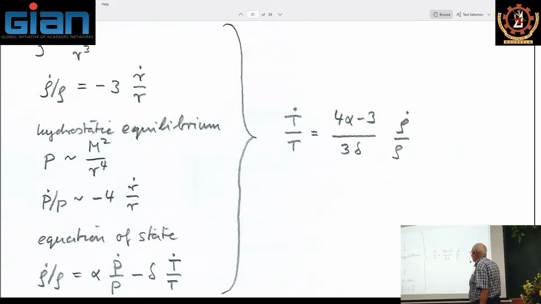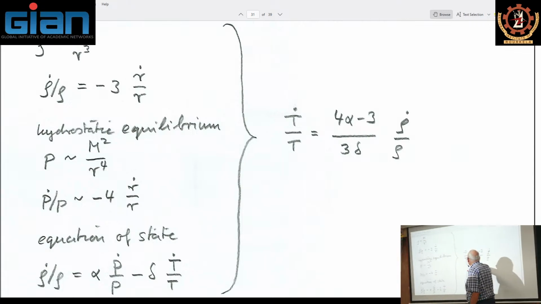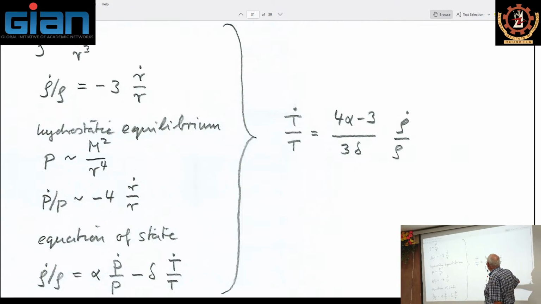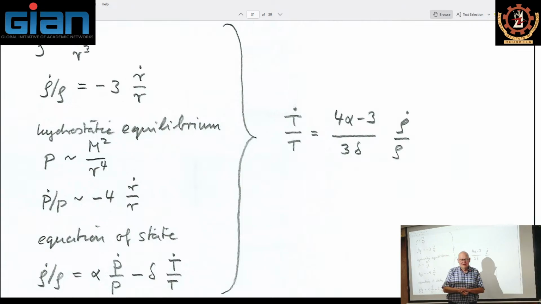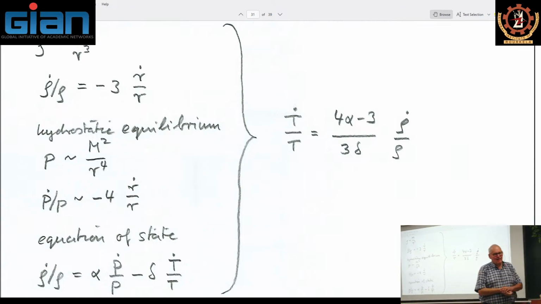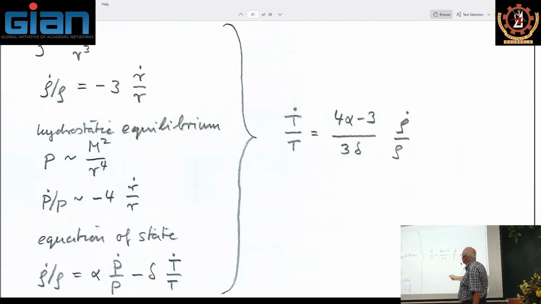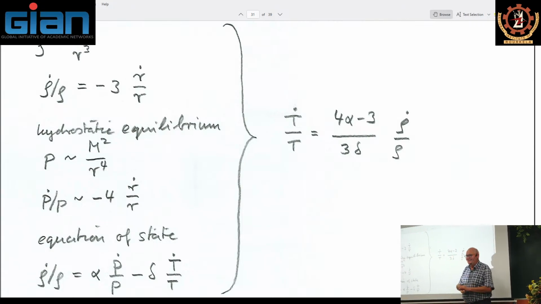Okay, so what we end up with is T dot over T is proportional to rho dot over rho, and getting all these dimensionless factors correctly, we are then left with T dot over T is (4 alpha minus 3) over 3 delta, times rho dot over rho.